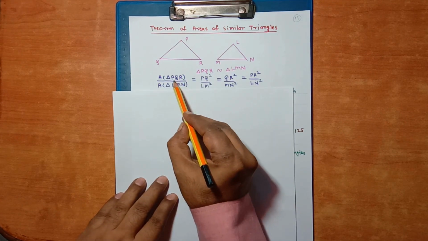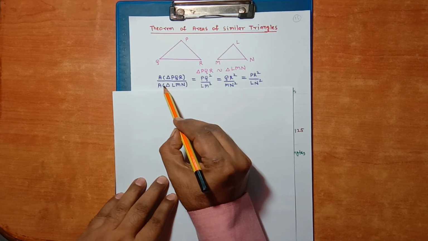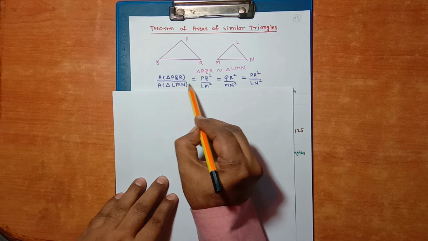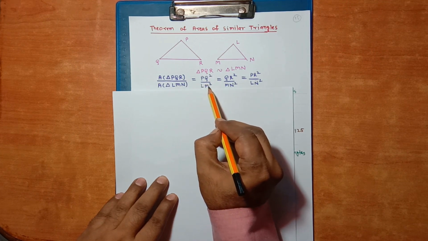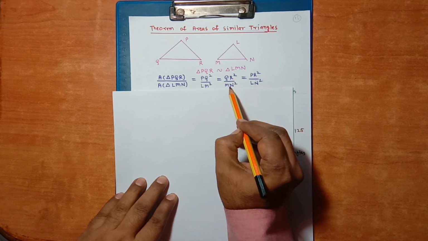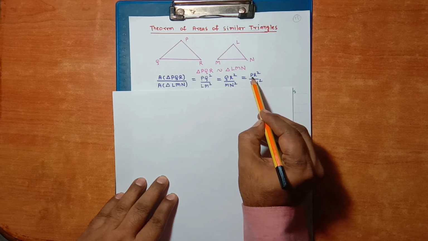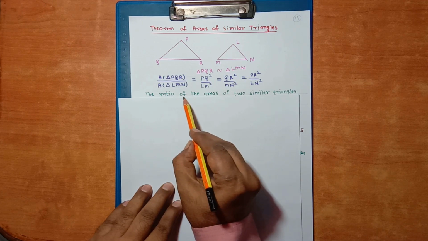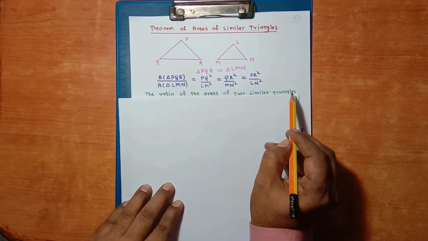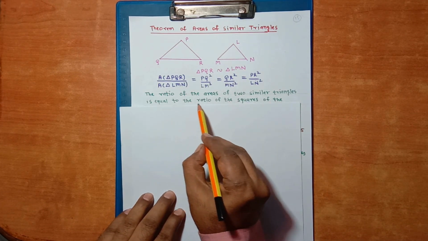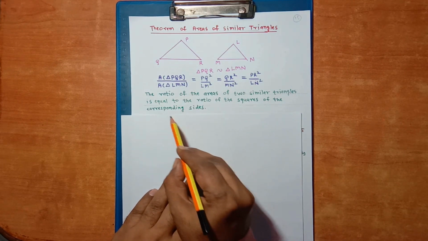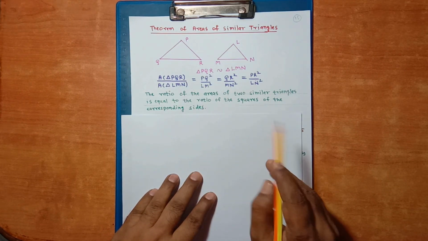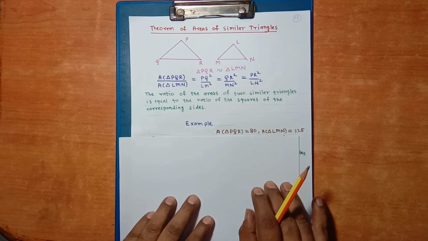Then area of triangle PQR upon area of triangle LMN is equal to PQ square upon LM square is equal to QR square upon MN square is equal to PR square upon LN square. The ratio of the areas of two similar triangles is equal to the ratio of the squares of the corresponding sides. Let us solve one example based on it.